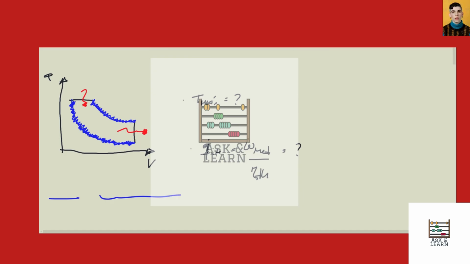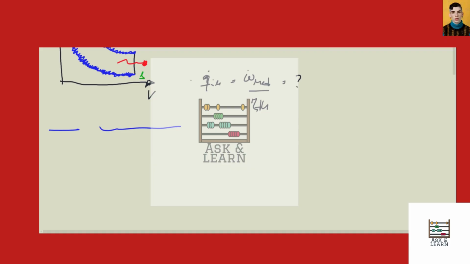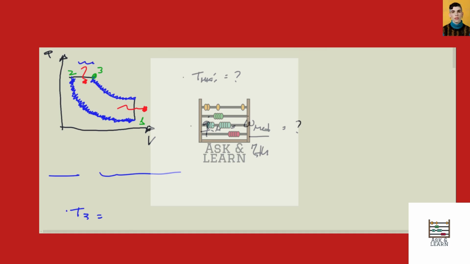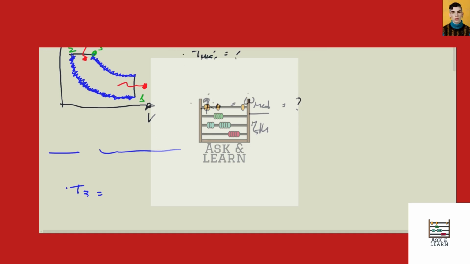Well, the maximum temperature is in position 3. So this is 1, 2, and 3. At this point we have the maximum temperature. So the maximum temperature, T3, is related, as we can see here, by an ideal gas transformation.